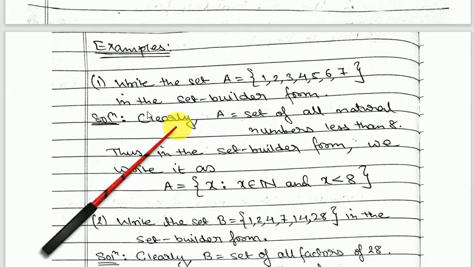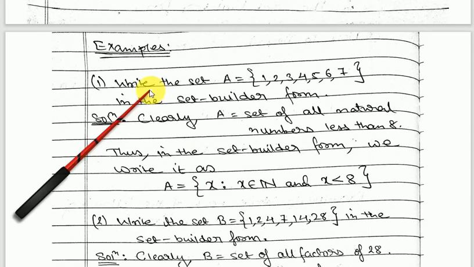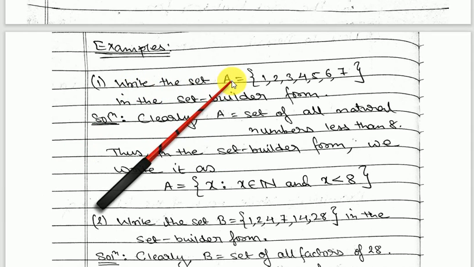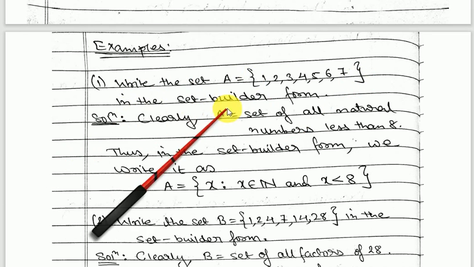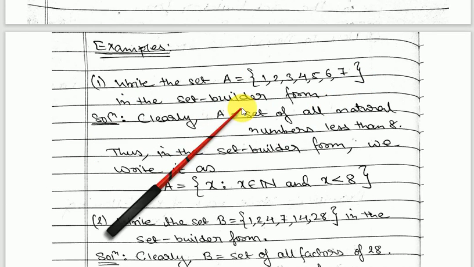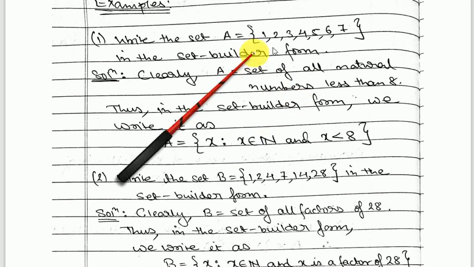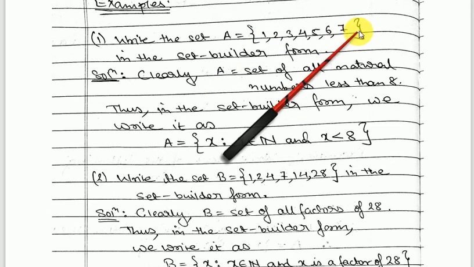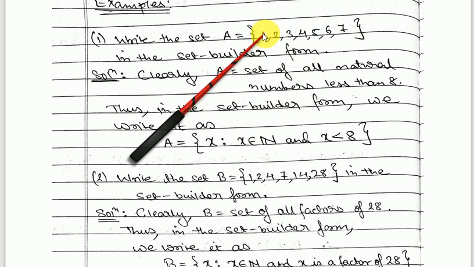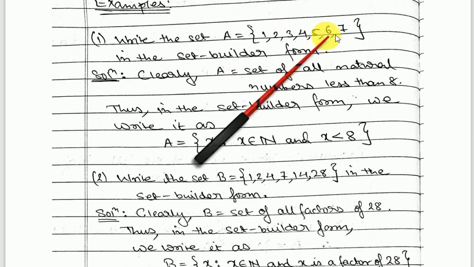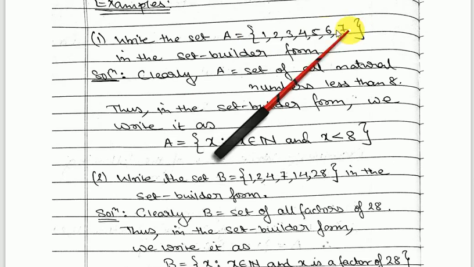Now let us see set builder form. Here it says write the set A. This is the set A, and we have to write this in set builder form. In set builder form we will try to observe the pattern of these elements. Here you can see that each element is a natural number, and they are less than 8.